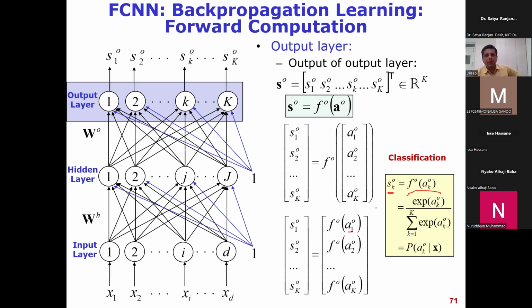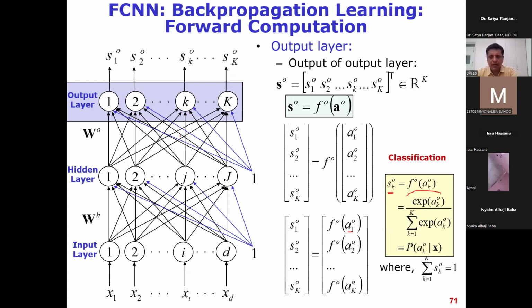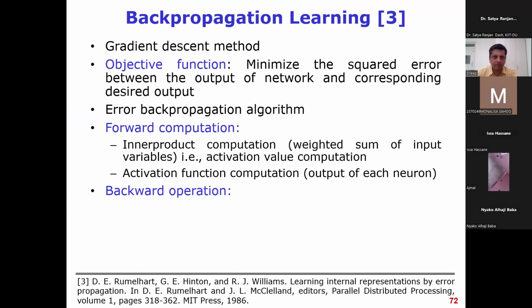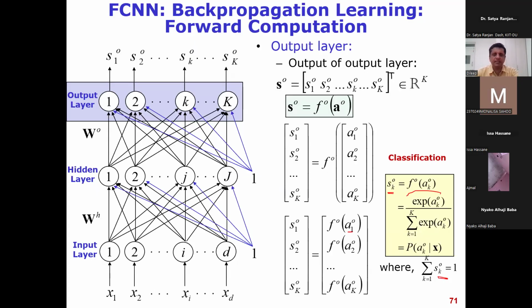It indicates the probability of the output, where each neuron corresponds to one class, so the probability of the class given the input. Are you with me? The sum of all these will be equal to 1 because we are computing probabilities. Is it clear to all of you, what we compute in the forward direction?